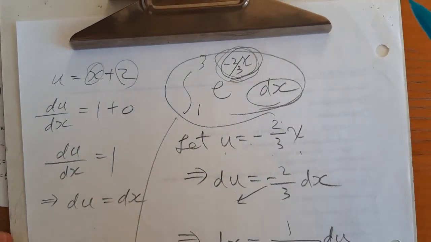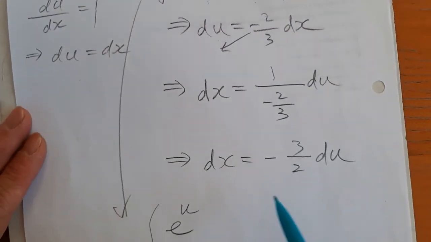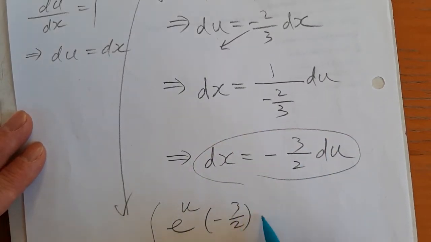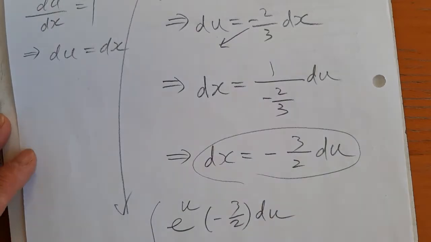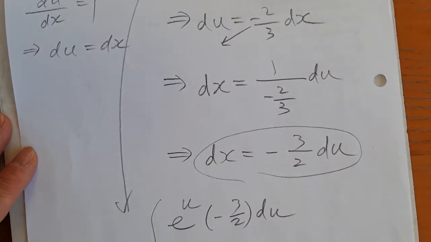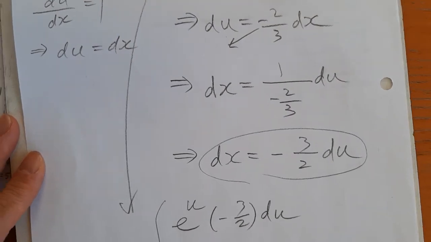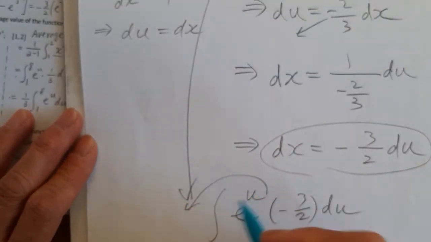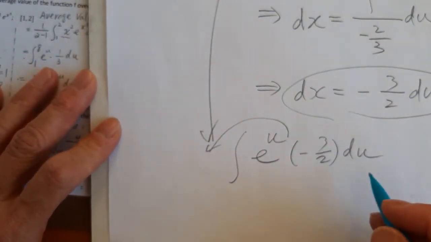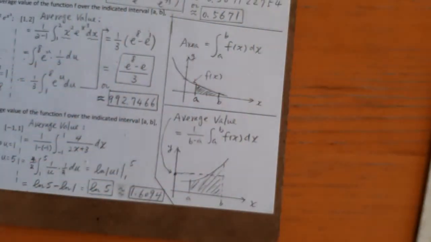And then what is the dx? dx is negative 3 over 2 du, so it's times negative 3 over 2 du. And then you factor this out, and take the integral of this.